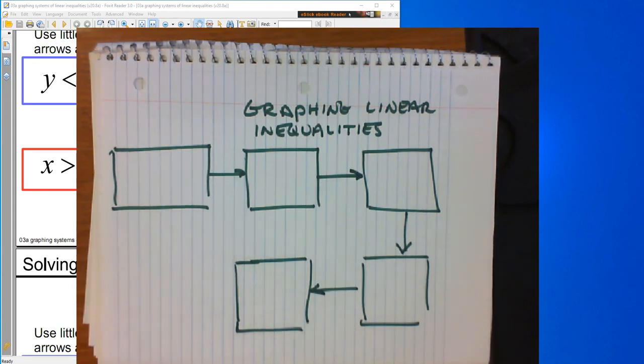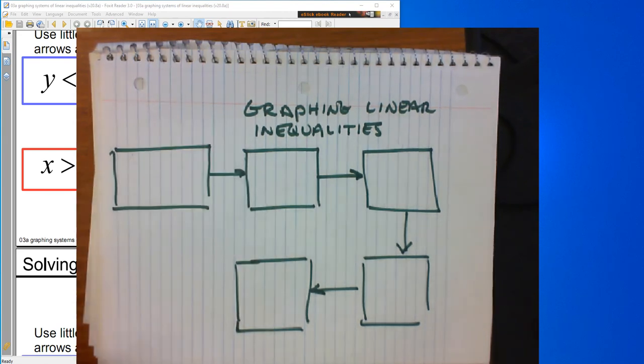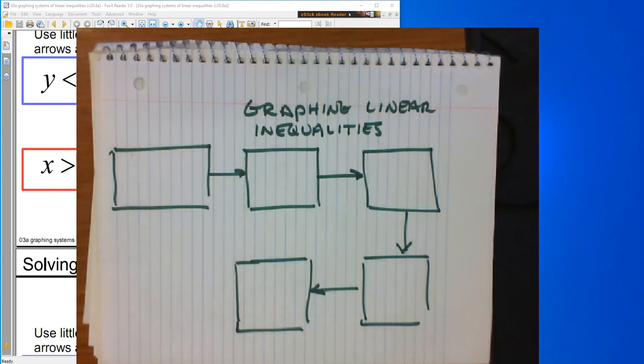Here's how we're going to do it. We're going to use a marker that actually writes.